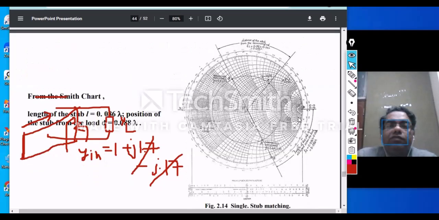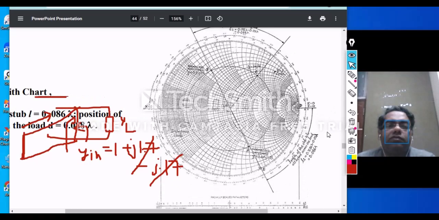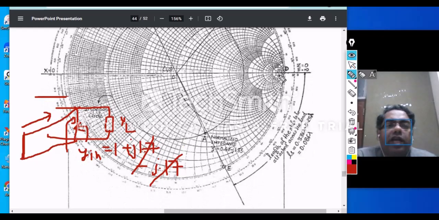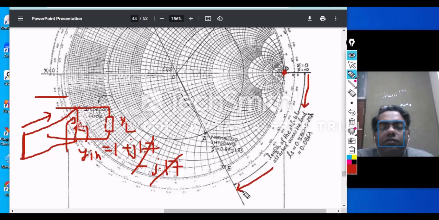We will start from this point, because for admittance this indicates short, and we will travel towards the generator, clockwise, that length, so that at this point, because these are the constant susceptance circles, they have got some values, we will stop at this point.